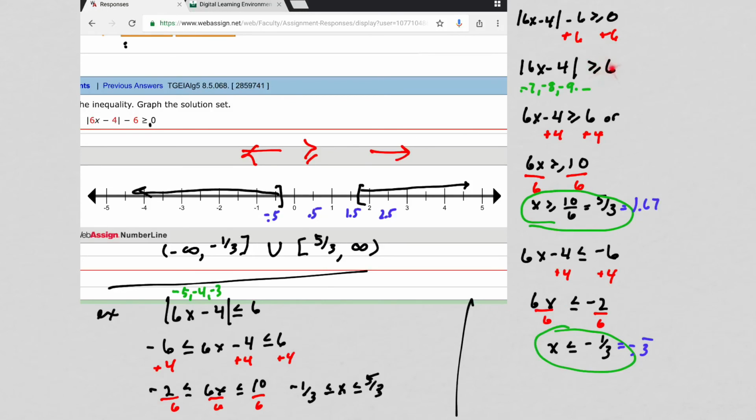So here you want numbers that are on opposite ends of the number line. If you have a less than or equal to, then you want a middle piece. So absolute value less than or equal to, you want the middle piece. Absolute value greater than or equal to, you want the two ends of the number line.